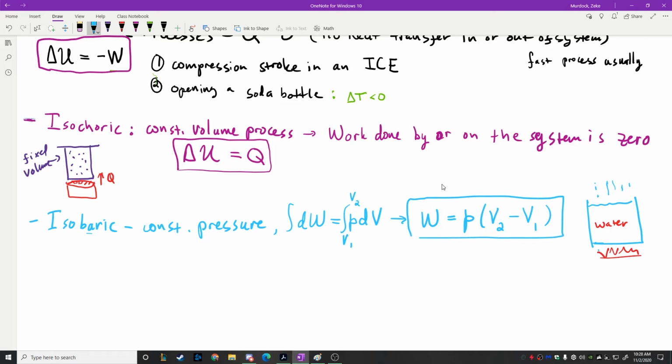All right. Last one is isothermal. So isothermal is going to be a constant temperature process.